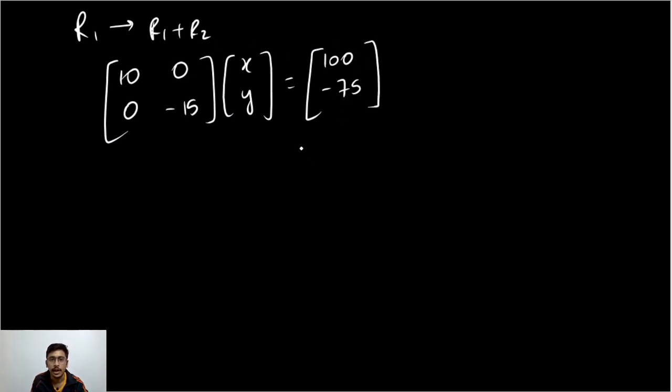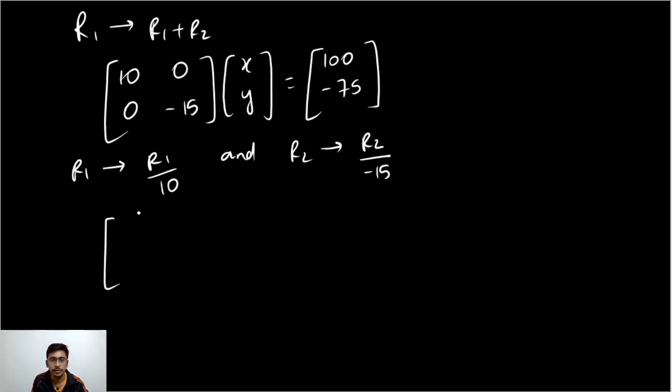Now let's say R1 becomes R1 divided by 10, and R2 becomes R2 divided by, let's say, minus 15. So what do we get over here? If we divide it, it becomes the matrix 1 0 0 1.